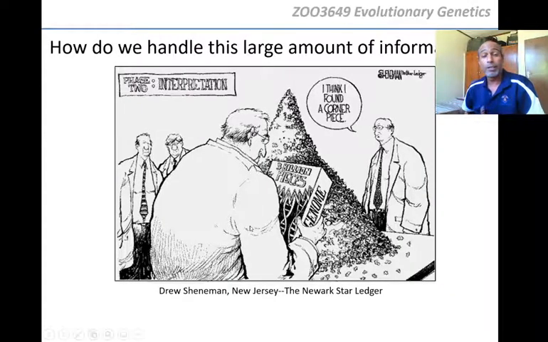This little drawing puts it into context. It's a bunch of old school scientists sitting around a 3 billion piece jigsaw puzzle. Normally there are like 1,000 pieces or something like that. This is a 3 billion piece jigsaw puzzle, and you know why? Because there are 3 billion nucleotides in the human genome.